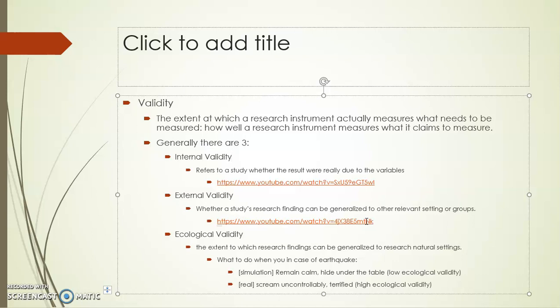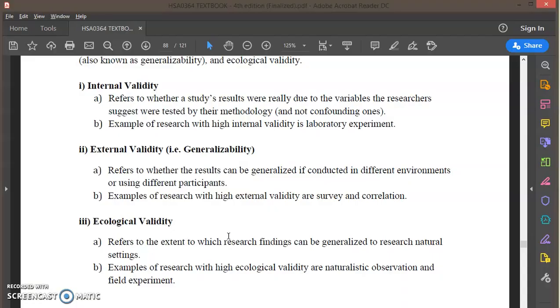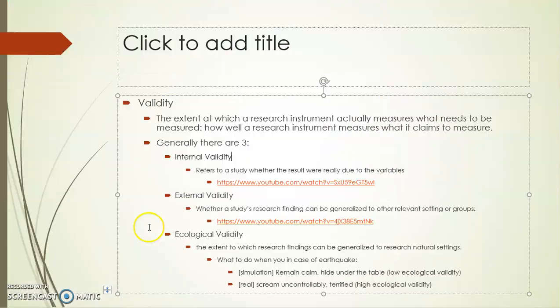Okay, the only explanation that I will give to you is in terms of ecological validity. Right? So according to your book, ecological validity refers to the extent to which research findings can be generalized to natural settings. Okay. For example, you conducted a research about what people should do in case of an earthquake.